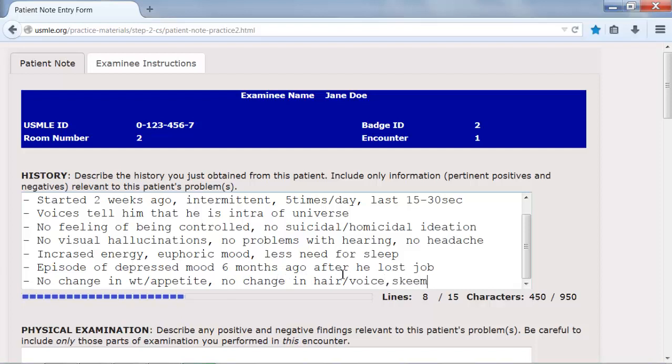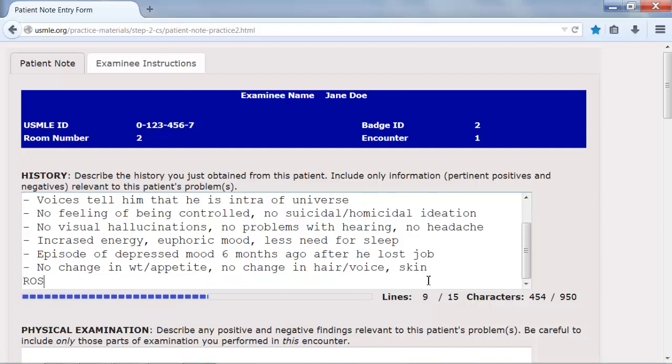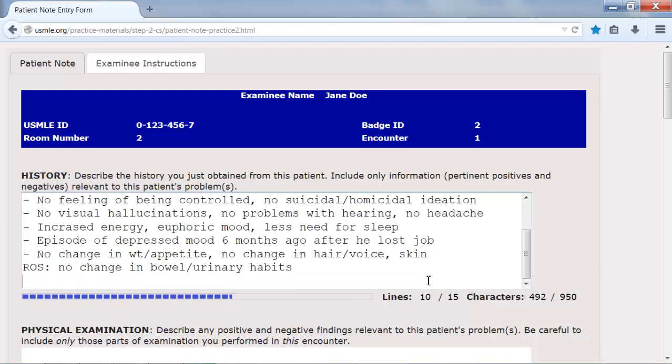Skin. Review of system is very short. Medication: no prescribed or over the counter.